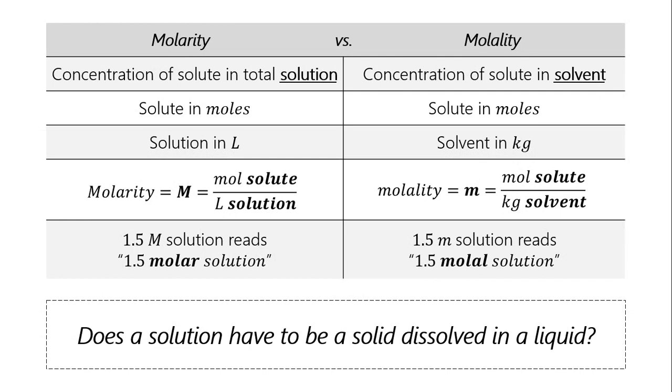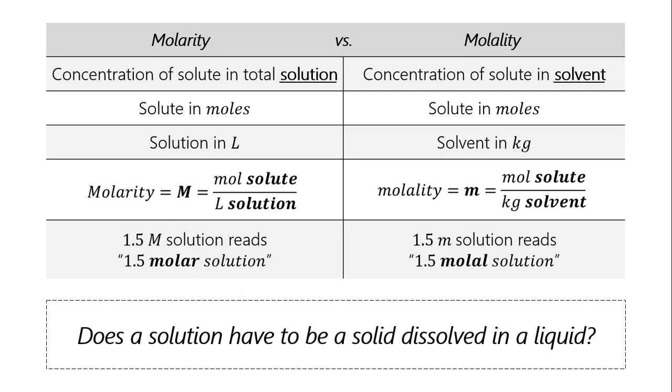Okay, now I mentioned this before, but a solution does not just have to be a solid dissolved in a liquid, even though that's usually the easiest way to look at it, and it's one of the common ways we do it in chemistry. But we can really dissolve anything in anything else. So the air that you breathe is actually a solution of gases in gases. So if we're looking at the concentration of oxygen in air, you can calculate the molarity or molality of oxygen in a volume of gas.